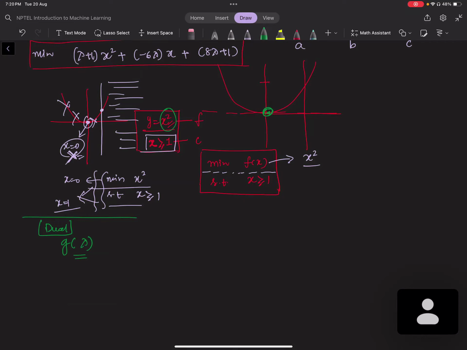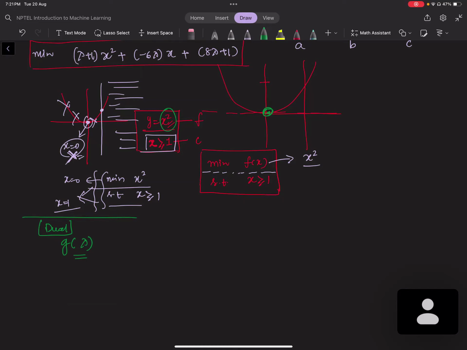We first write down the Lagrangian function, which includes the original objective as well as the constraint multiplied by the Lagrange multiplier, lambda. Then we find the dual problem, by maximizing the Lagrangian over the Lagrange multiplier. Third, solve the dual problem, then solve the primal problem.